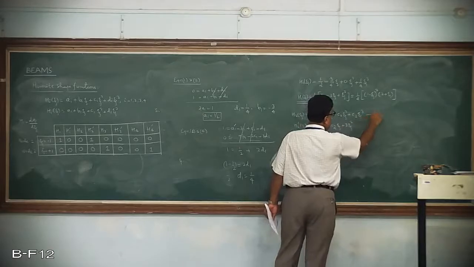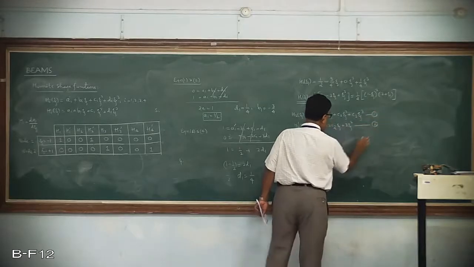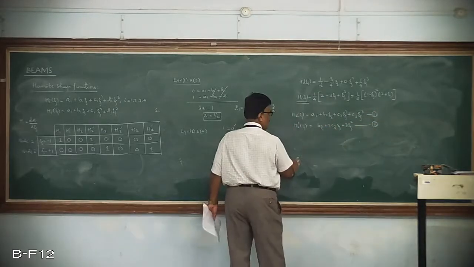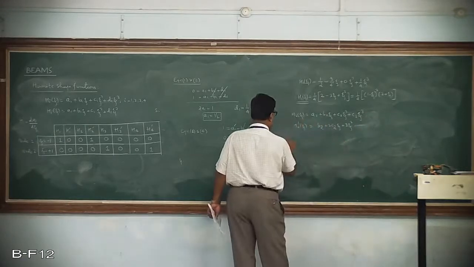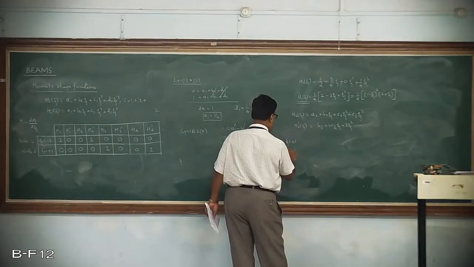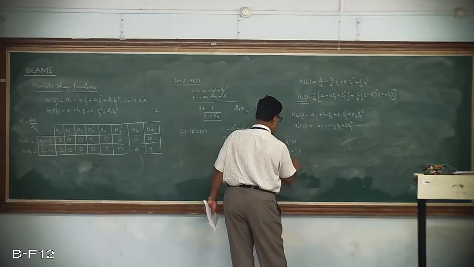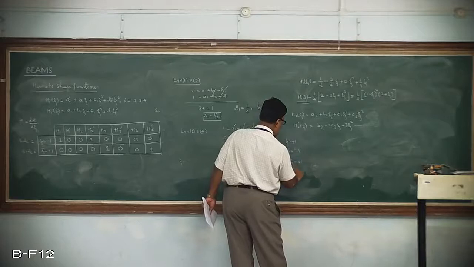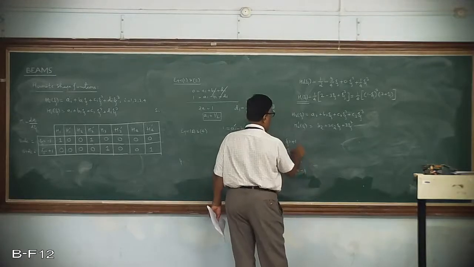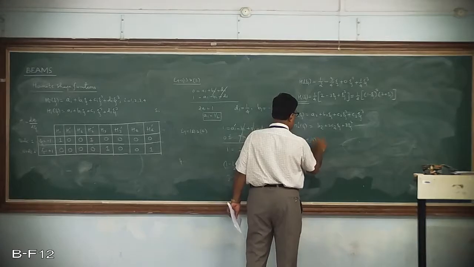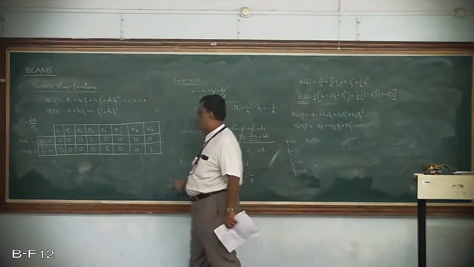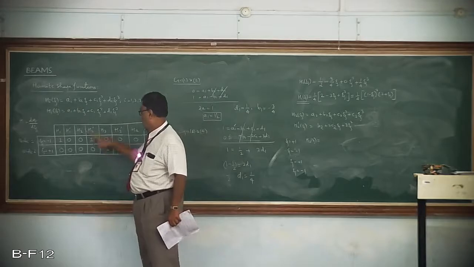This is your equation number 1, this is equation number 2. Once again, you can now write 4 equations by substituting zeta equal to plus 1, zeta equal to minus 1. First you put these two in h2 of zeta, at zeta equal to 1. Where is that? This is 0.